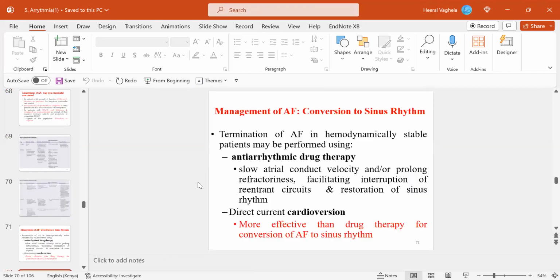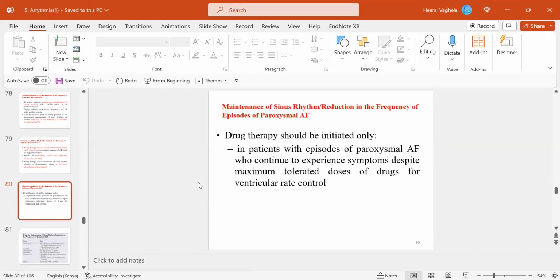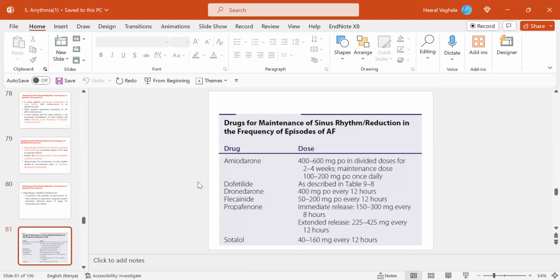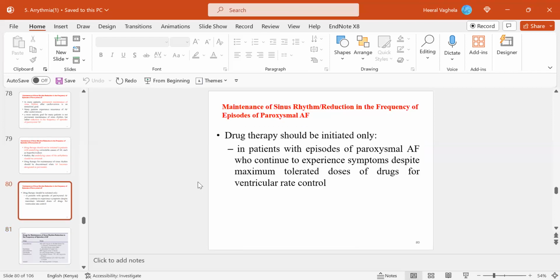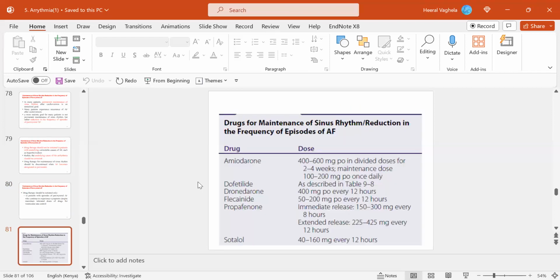Yeah, and then after all that, for maintenance, again, it's the same medications at lower doses. Anything else? Okay.